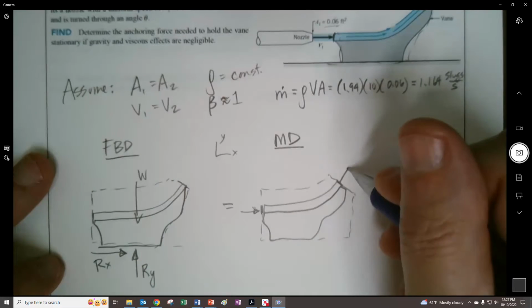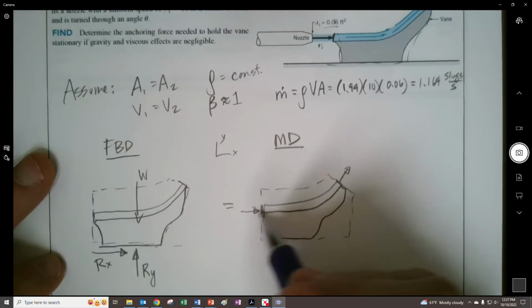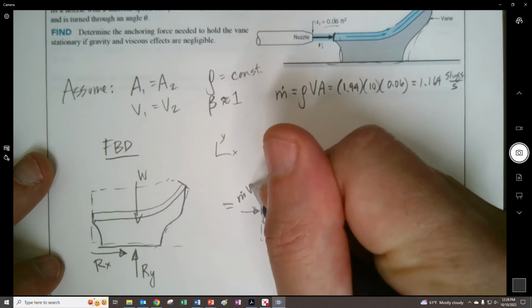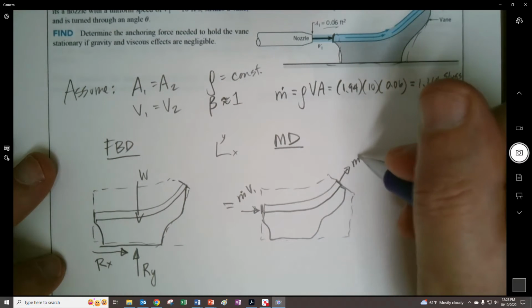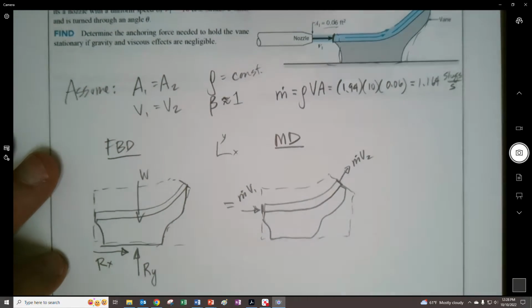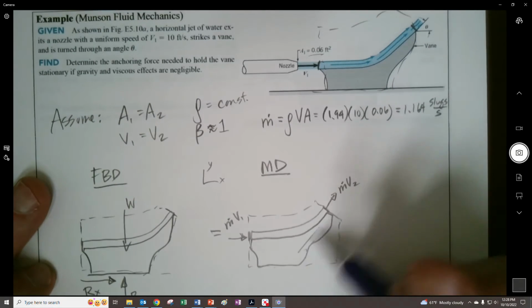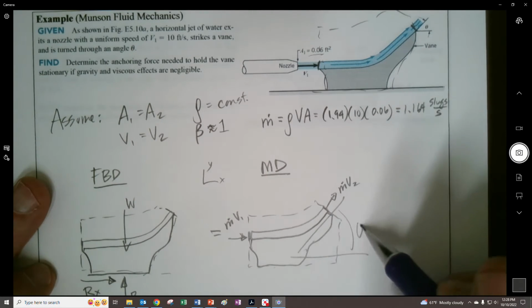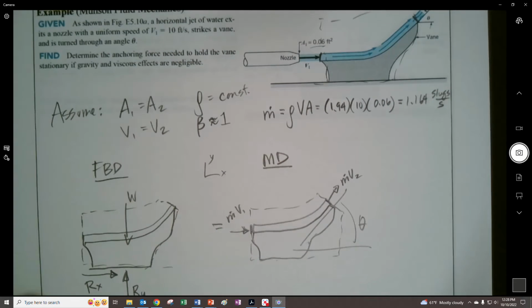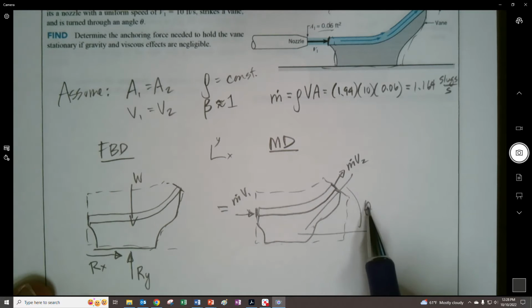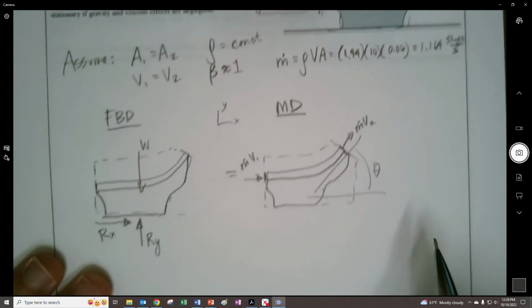We're going to have fluids crossing these control surfaces, m dot V1. We're also going to have m dot V2 right here. You'll notice that this is going at an angle, but we don't know that angle. We're not given that angle, so we're not going to be able to solve this for a particular value, but we can do it for a range and then find out what that ends up being.